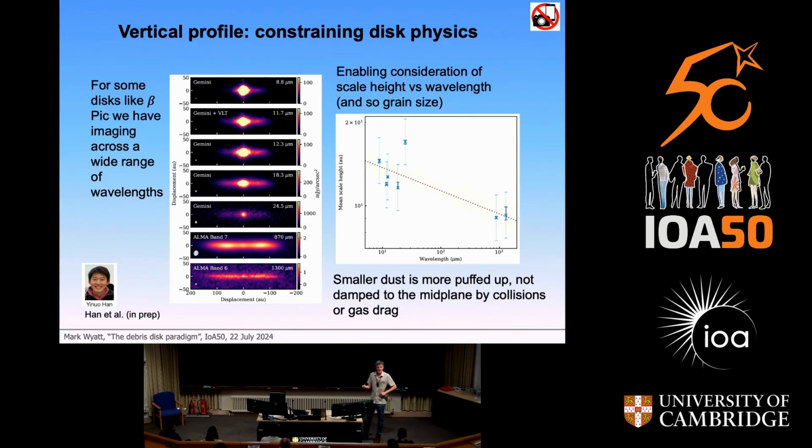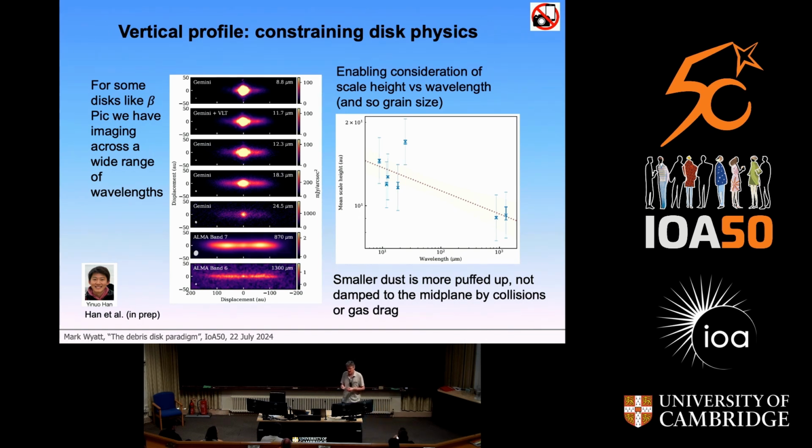For some disks, we have the scale height, and we can look at this as a function of wavelength. Some disks have been imaged at multiple wavelengths, like beta Pic. Beta Pic has been imaged from the millimeter all the way to the mid-infrared, and what Yino has found is that the scale height of the disk varies with wavelength, so that the disk, when seen in the millimeter, which traces millimeter-sized grains, is narrower than the scale height of the disk when seen in the mid-infrared, which traces micron-sized dust grains.